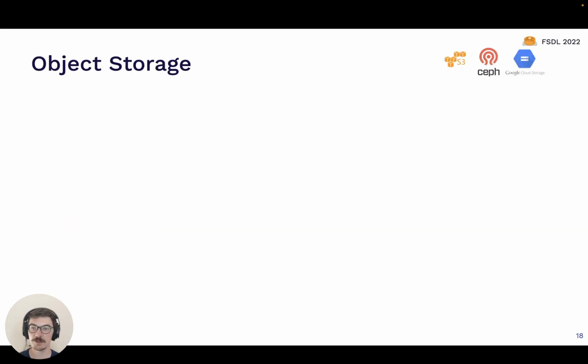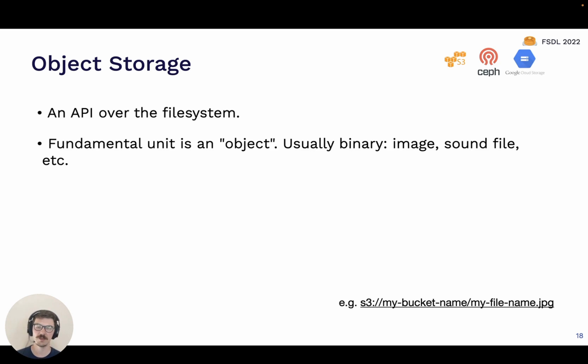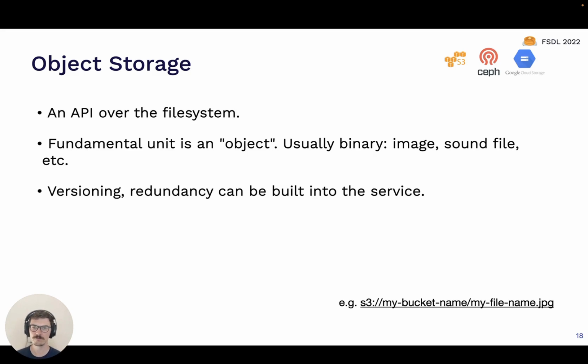Now let's talk about object storage. I think of it as an API over the file system where the fundamental unit is now an object, and it's usually binary. So it's maybe an image or a sound file, but it could also be text. We can build versioning or redundancy into the object storage service.